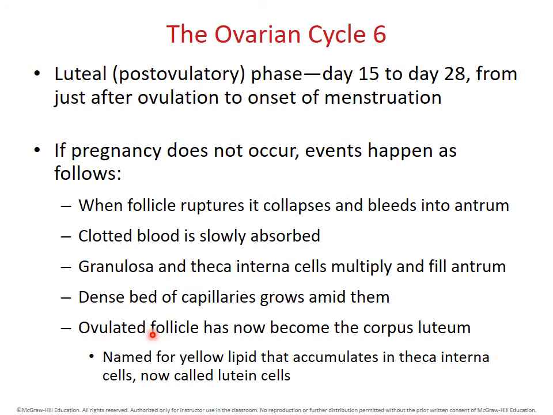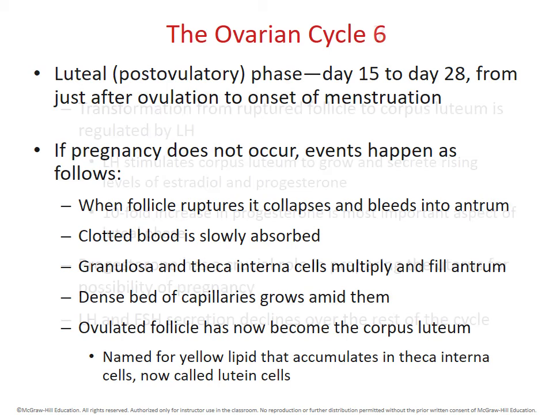The granulosa cells become glandular tissue, and it essentially converts to a corpus luteum. As we said, that's named for the yellow lipid, fat tissue that accumulates inside. This corpus luteum is going to produce its own set of hormones.